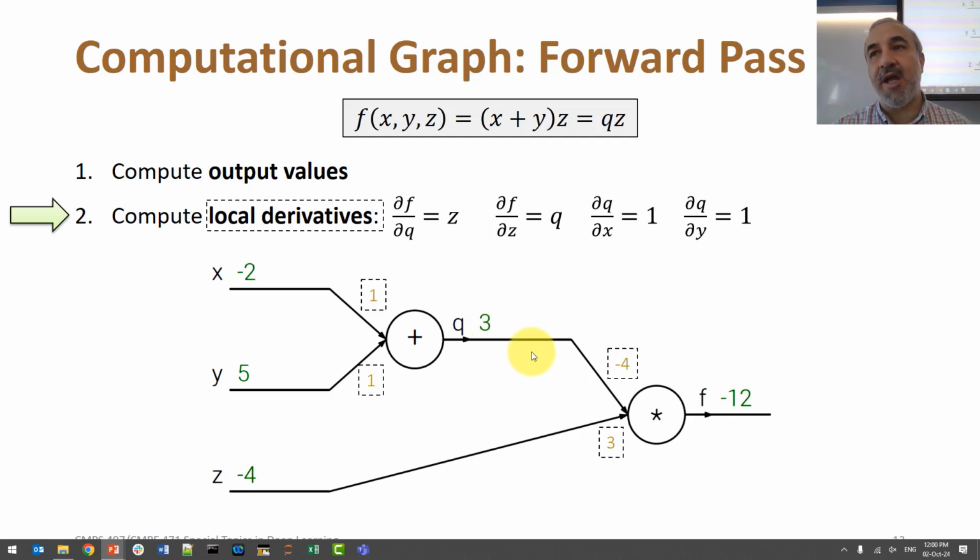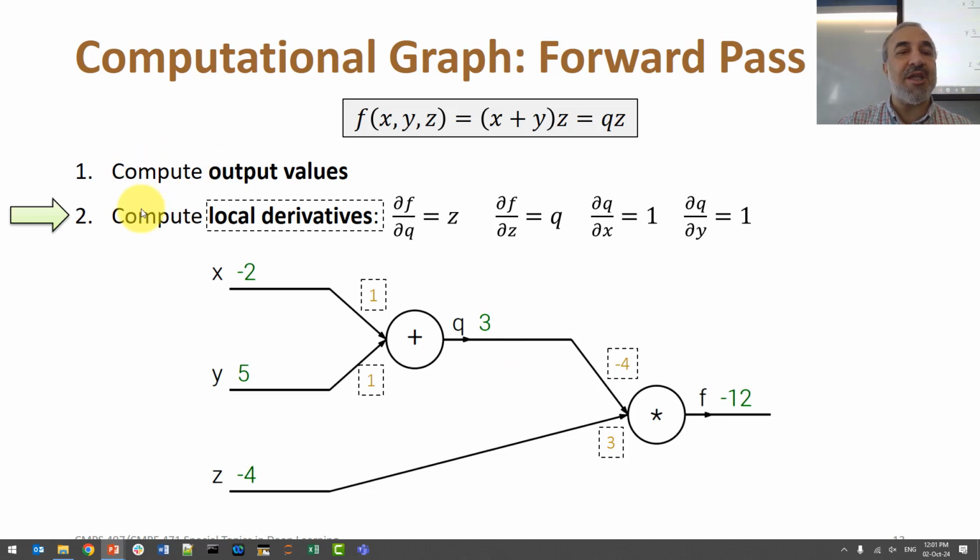So here are the local derivatives in the dotted squares. And again, it's very important to understand that the local derivatives can be computed independently at each gate, independently of any other gates. At every gate, we can compute the local derivatives without knowing any other values for any other gates.